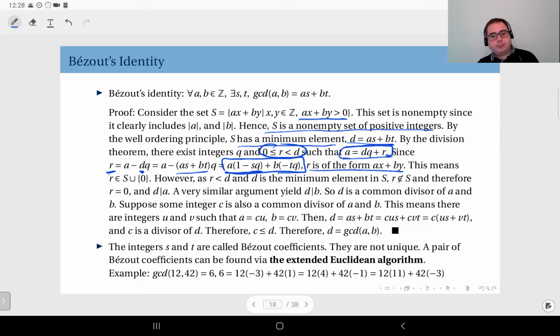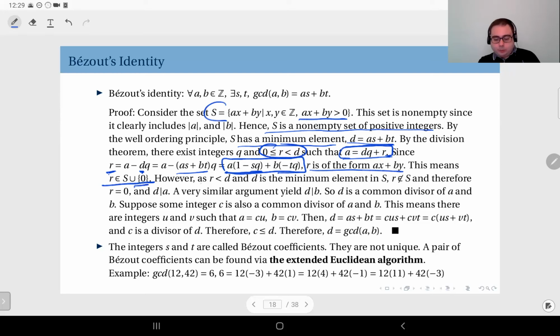Therefore, R, if it is a positive number, which means if it is not 0, must be in this set S, or it's just 0. Therefore, we can just say that R is an element of the set S union with the element 0.